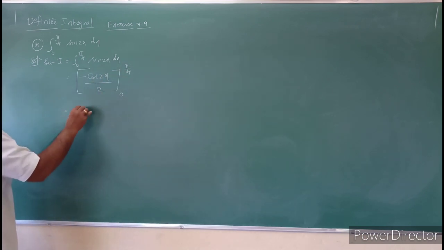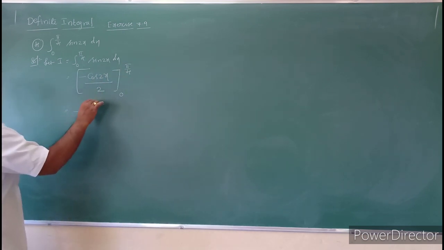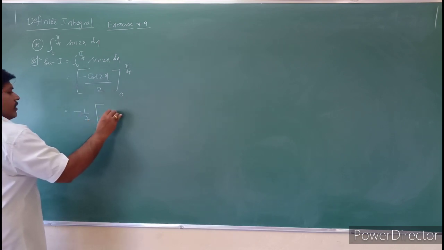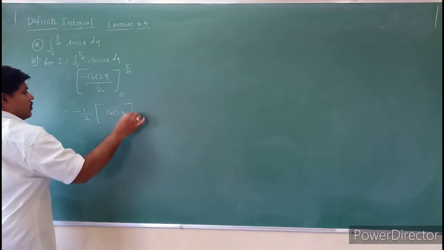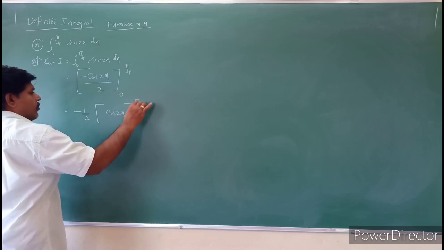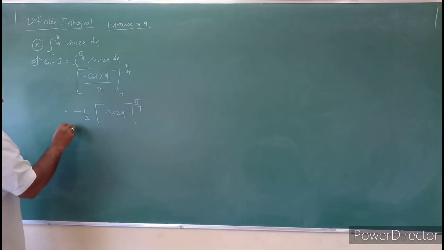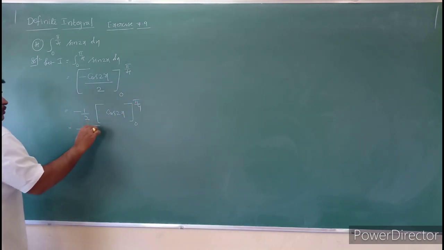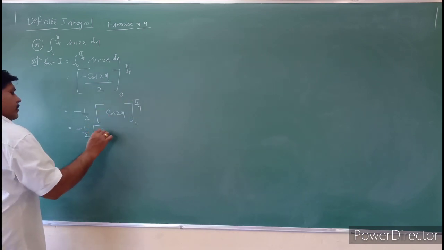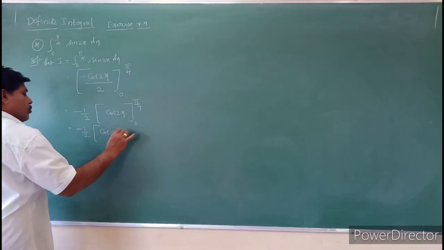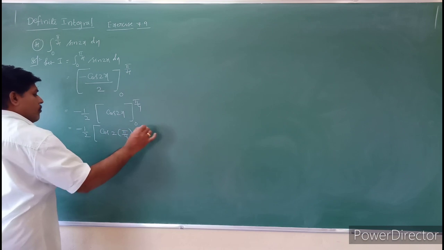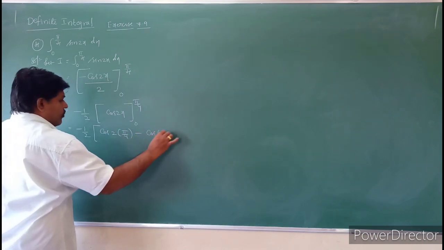First we take this minus 1 by 2 out, so I am taking cos 2x over the limits 0 to pi by 4. Why? Because it is a constant number. So we can take minus 1 by 2 into, apply the upper limit, cos of 2 into pi by 4 minus cos of 2 into 0.